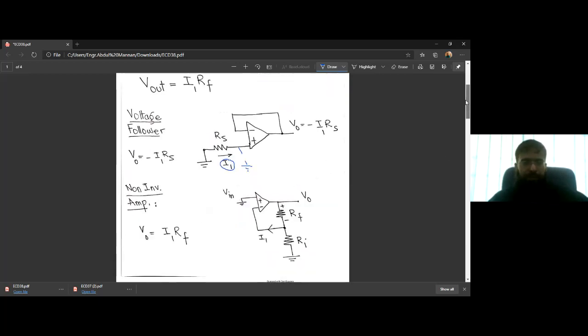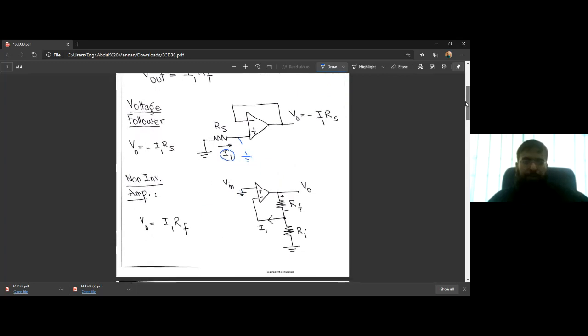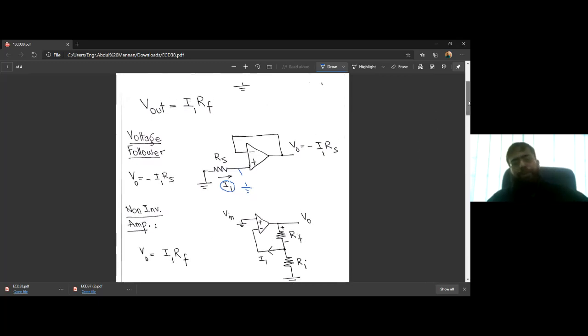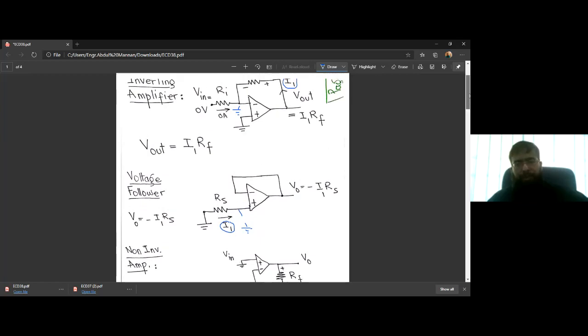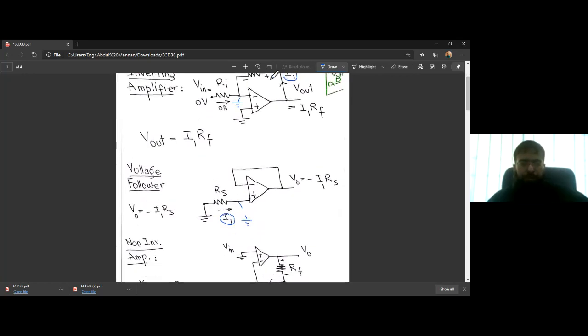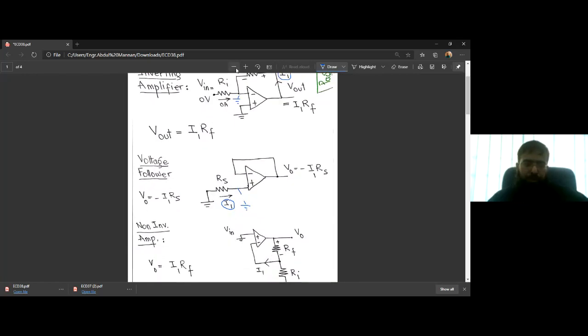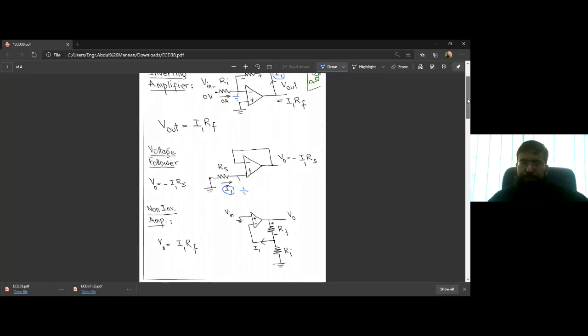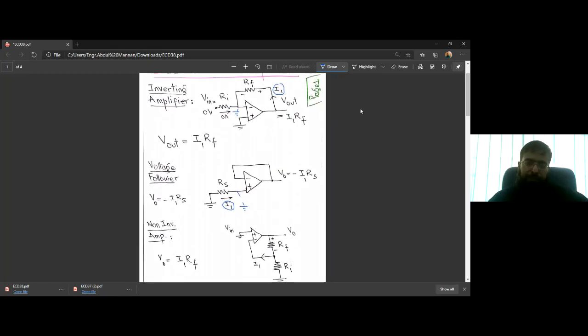And in the non-inverting amplifier, if we apply 0 volts here, we should get 0 volts here, but we don't get that. We get a non-zero voltage equal to I1 times RF. So in all three circuit topologies, we apply 0 volts at the input, but we don't get 0 at the output. So that's embarrassing. We should get 0 volts at the output when we apply 0 volts at the input.